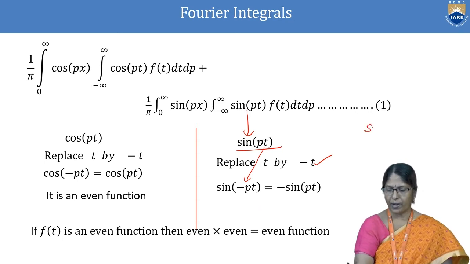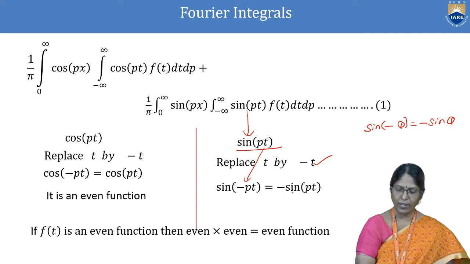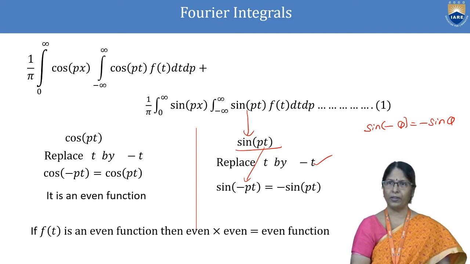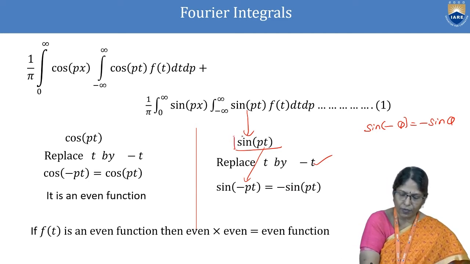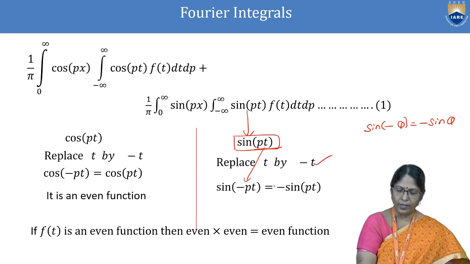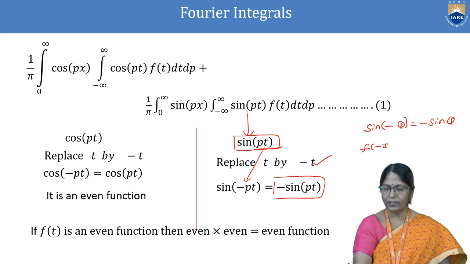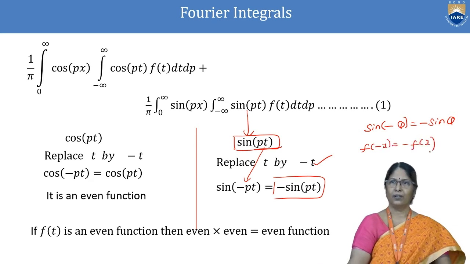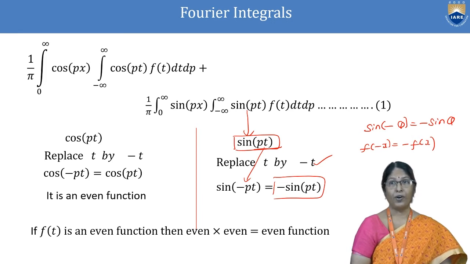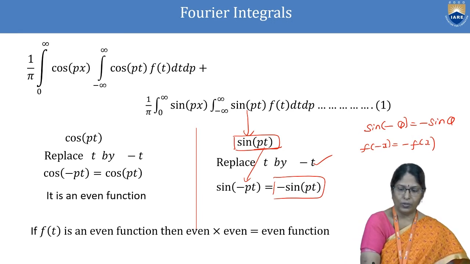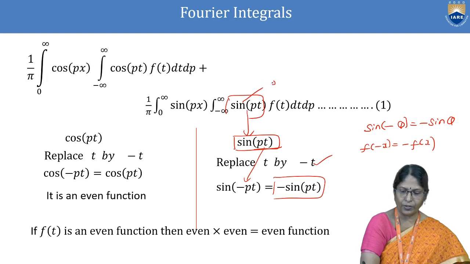By the trigonometric formula, sine of minus theta equals minus sine theta. So minus into sine of pt. This is the function we have taken. The result we see is f of minus x equals minus f of x. So it is an odd function.